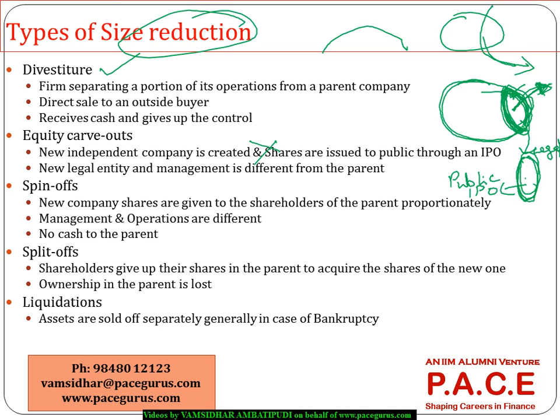But if the same company is carved out as a separate legal entity, but instead of offering the shares through an IPO, the shares are proportionately allocated between these firms, so some shares of this parent are given to the same existing shareholders, the shares of this company are given in proportion to the holding of shares in this parent company. This is what is typically characterized as a spin-off kind of a transaction.